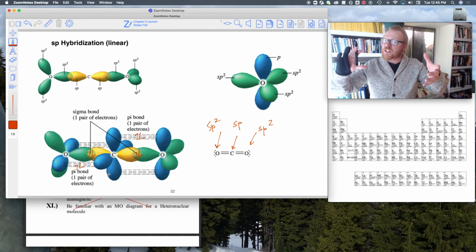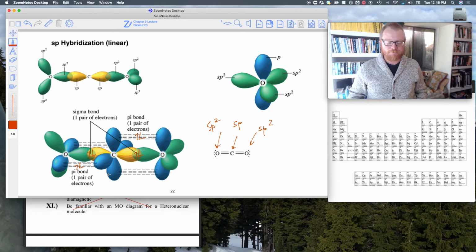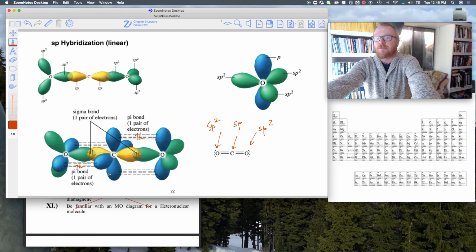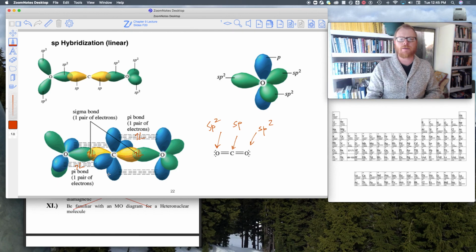The electrons want to spread around as much as they can. So CO2 is not like two double bonds on the same plane. It's one double bond above and one double bond out in front of you, 90 degrees, like that. Hopefully you can picture it.